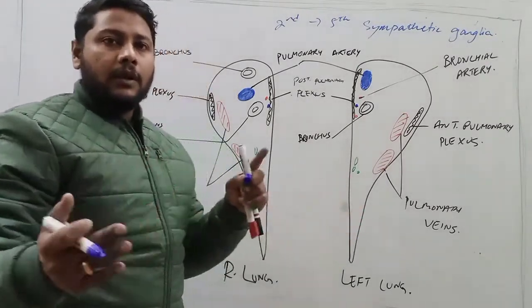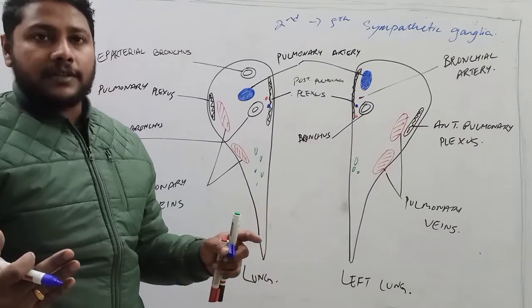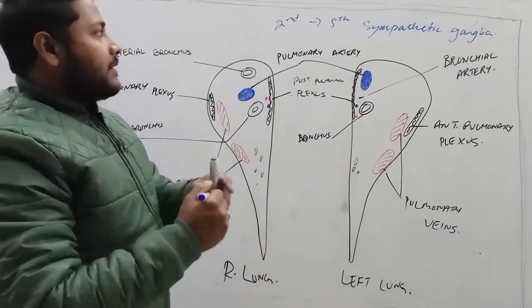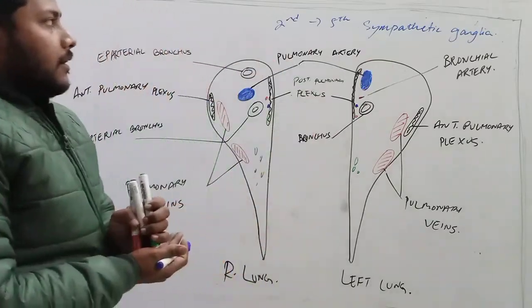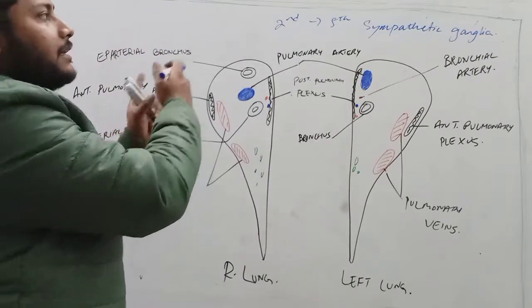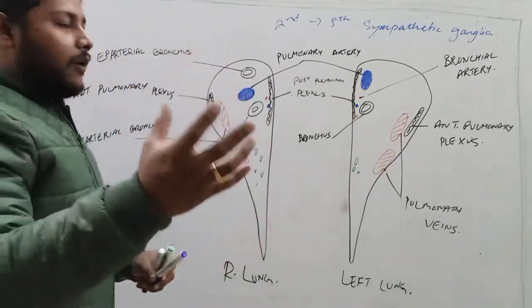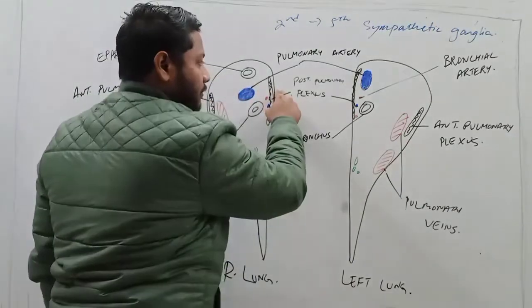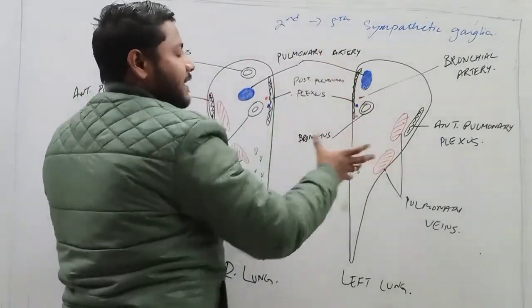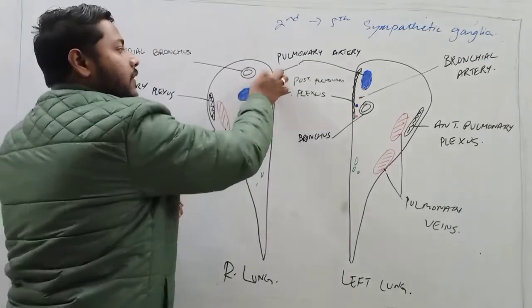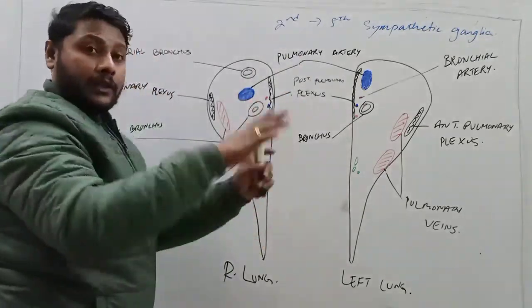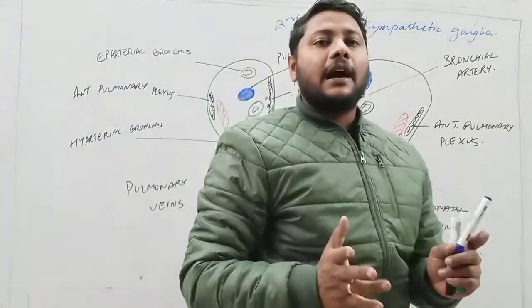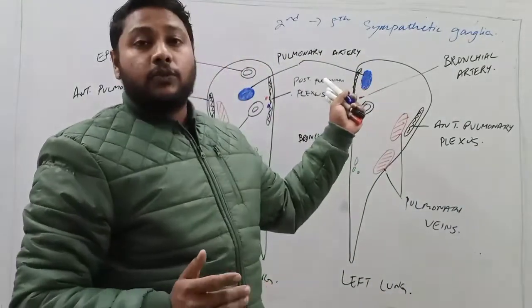This is how the medicines for asthma work. Okay, so this is about the nerve supply. The parasympathetic and sympathetic nerves first form the pulmonary plexus, the anterior pulmonary plexus and the posterior pulmonary plexus. After these plexus have been formed, the nerves travel through these vessels into the lungs.